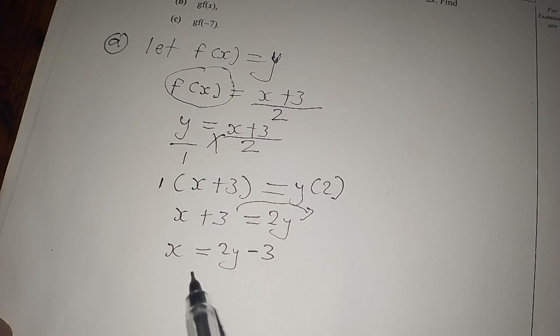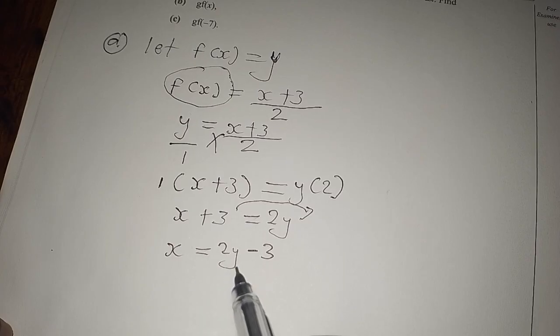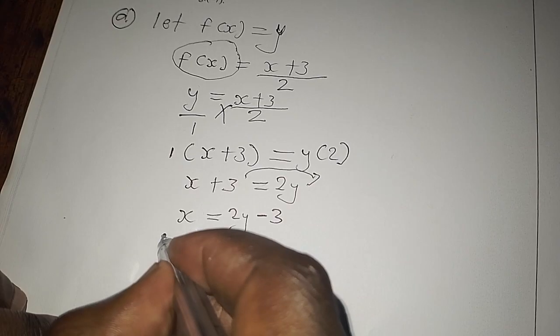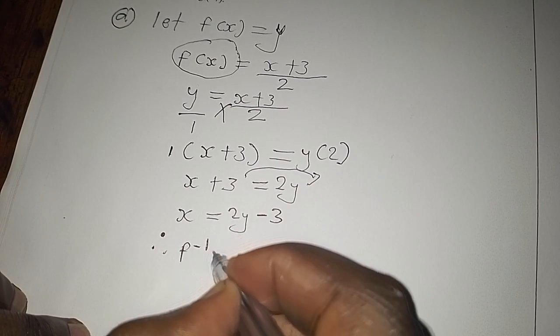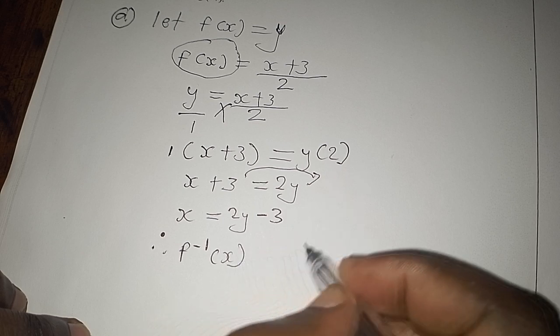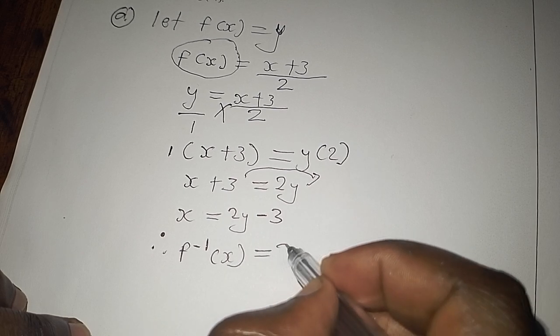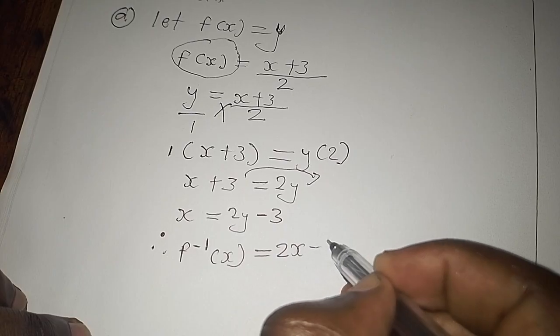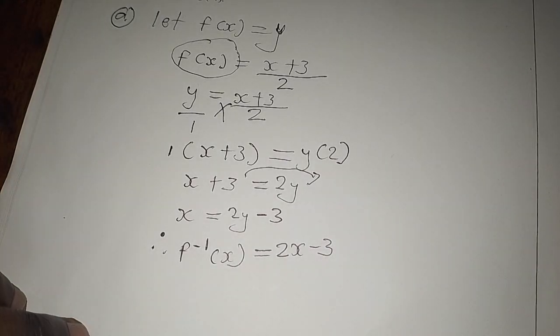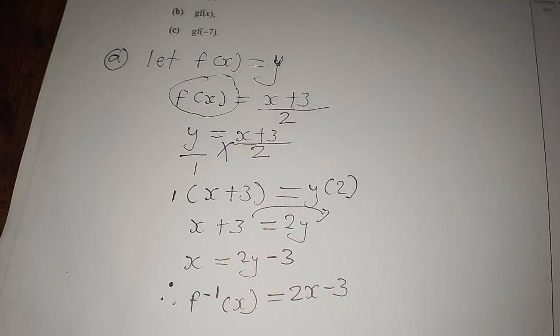Now the third step: where there is y, we replace it with x. Therefore the inverse function we are looking for equals 2x minus 3. This is the final answer for question 19a.